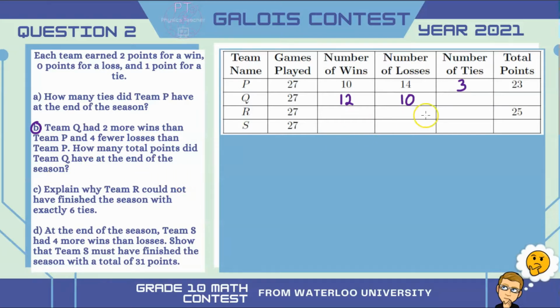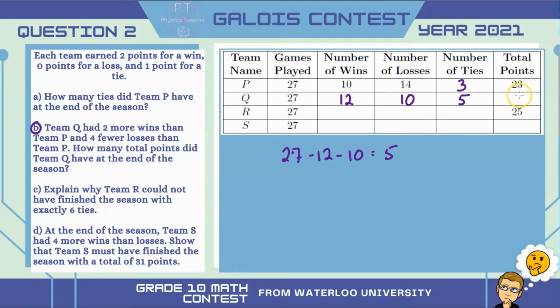Well, we can figure out the number of ties first, the same way we did part A. So we take the total number of games played, subtract your wins, and subtract your losses. When you do that, you get 27 minus 12, which is 15, minus 10 gives you 5. So we have a total number of 5 ties.